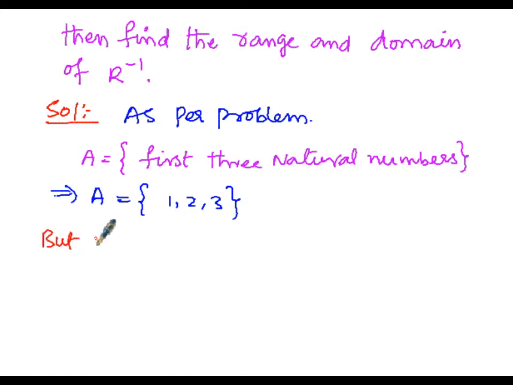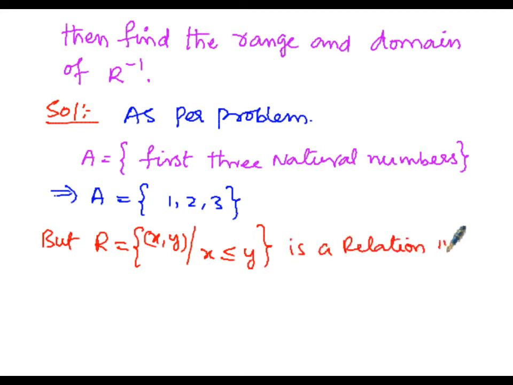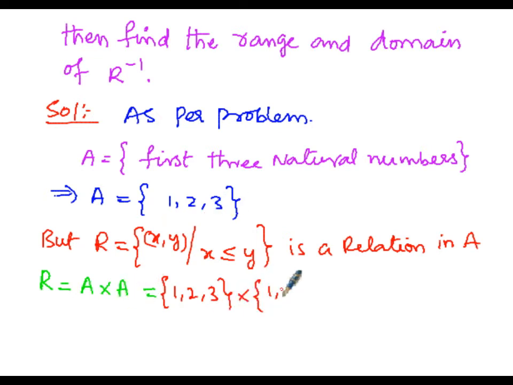R is a relation which is given by x comma y such that x is less than or equal to y, a relation in A. So in order to write the relation R, we have to find the Cartesian product of A and A. Set A elements are 1, 2, 3 as per the problem, cross again the set A elements 1, 2, 3.